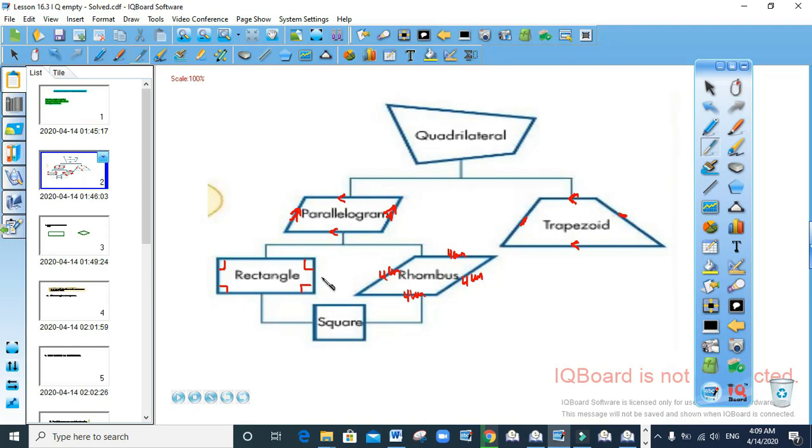It could be different, like 4, 4, and 10, 10 centimeters, so the sides are not equal here. But in the rhombus, the sides are equal, but look at the angles, acute and obtuse angles, they are different. Which one is the lucky one that has four equal sides and also four right angles? It's the square, the most lucky one, as we said before.